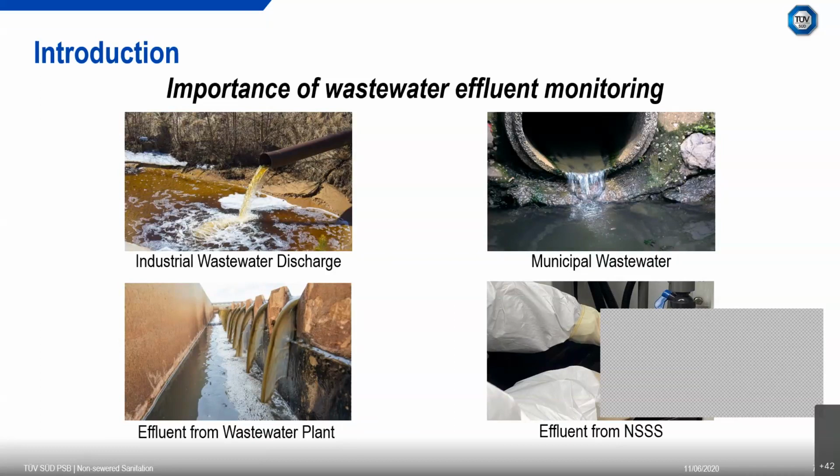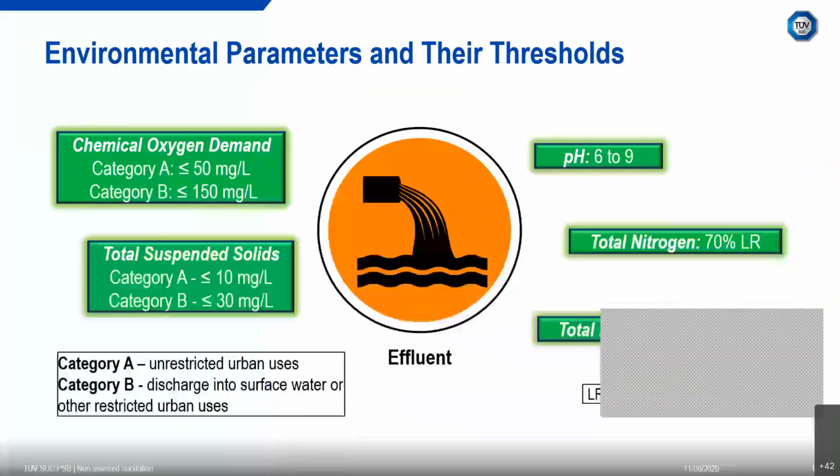For a non-sewerage sanitation system, effluent is defined as the treated liquid discharged from the back end or the treatment unit of the system. So, what are the parameters and their thresholds that need to be tested for a non-sewerage sanitation system?